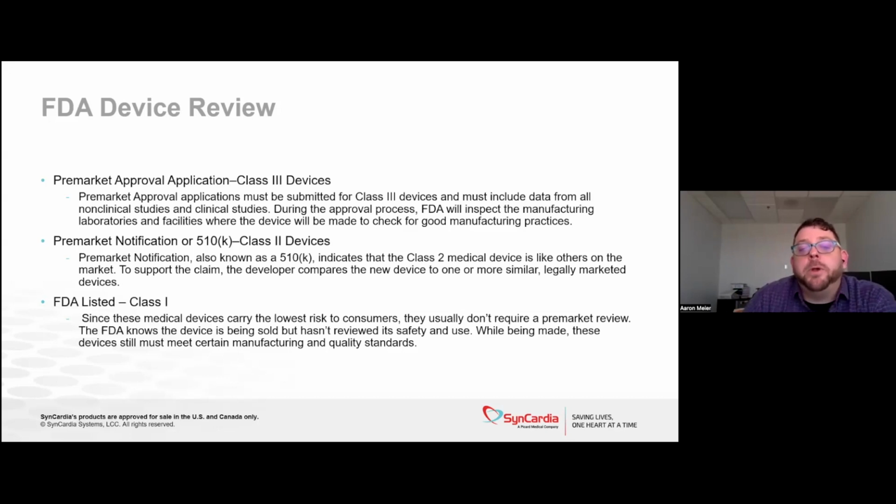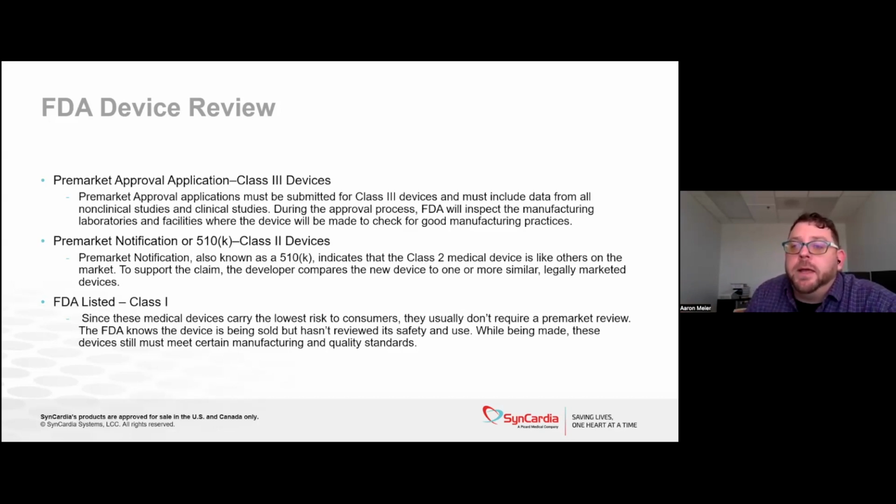Class 2, your pre-market notification, right? In the pre-market notification or 510K process, you're basically demonstrating that my device is substantially equivalent, is as safe or better than a device that's already on the market.